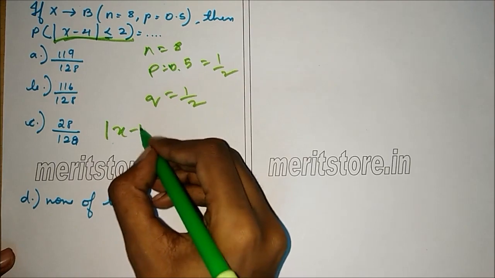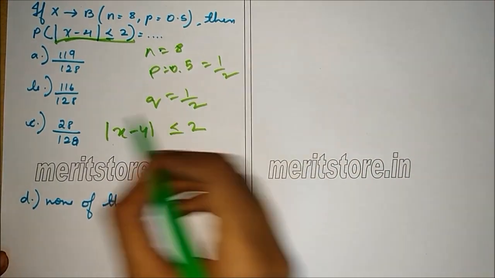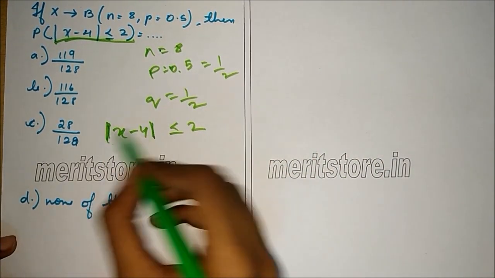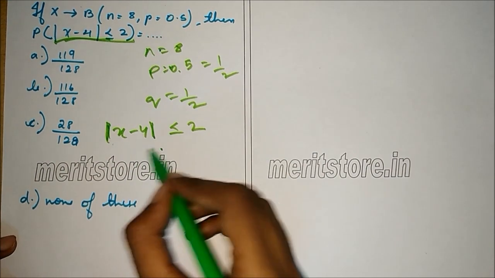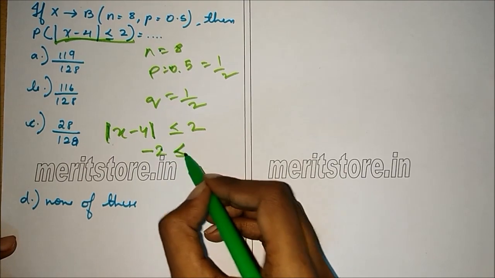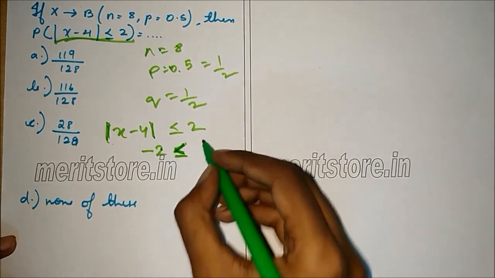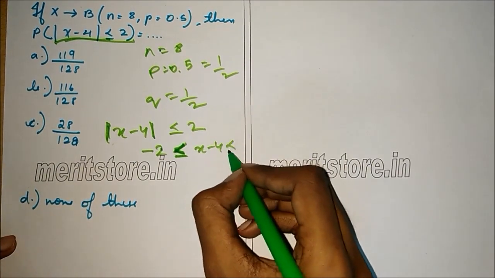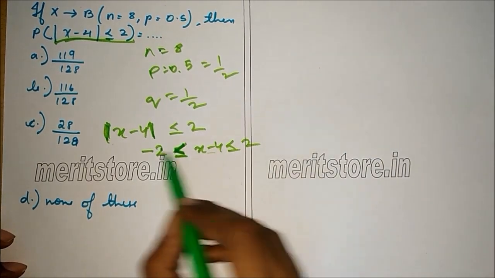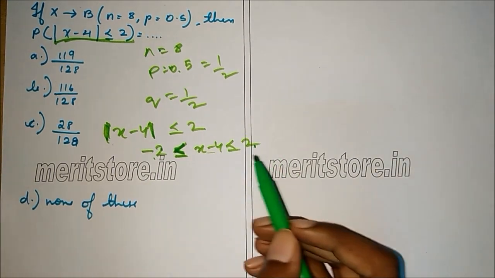Removing the mod, we can say x minus 4 is greater than minus 2 and less than 2, so x minus 4 lies between minus 2 and 2.